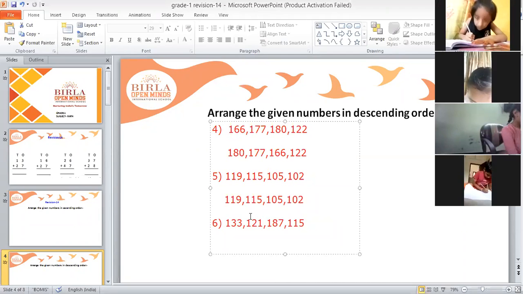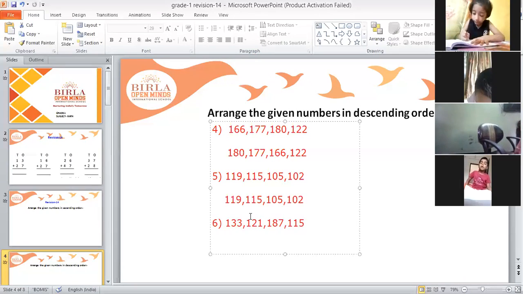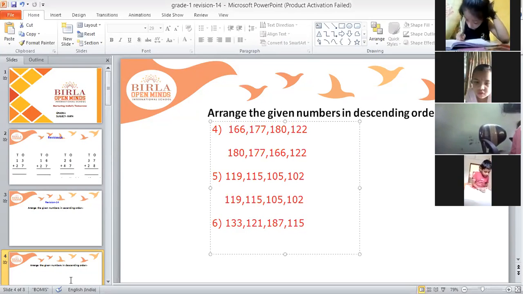Which is the biggest number? 133, 121, 187, 115. Compare the numbers in the tens place and then tell. No, you are not telling. Ketan, you tell.